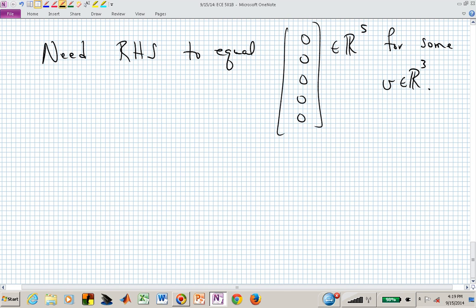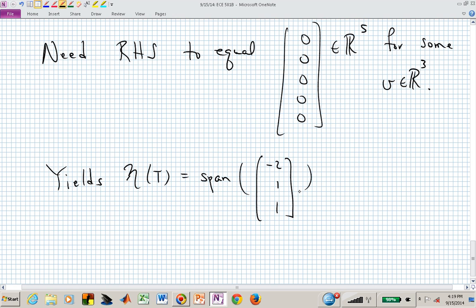And if you actually look at that, you can show that the null space of T is actually going to be spanned by this combination of x, y, and z: (-2, 1, 1). That will simultaneously satisfy all of those.